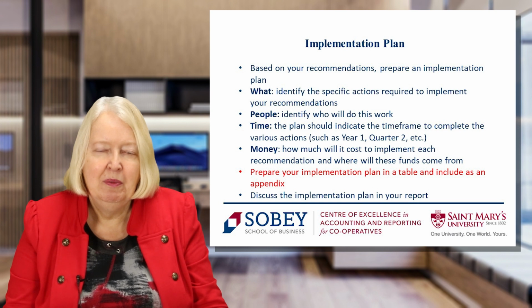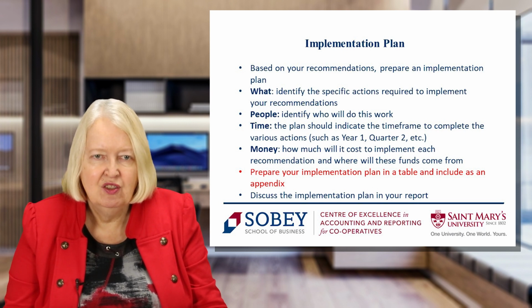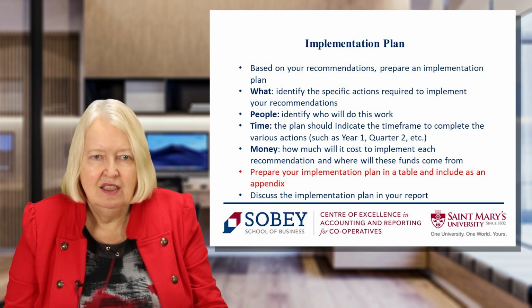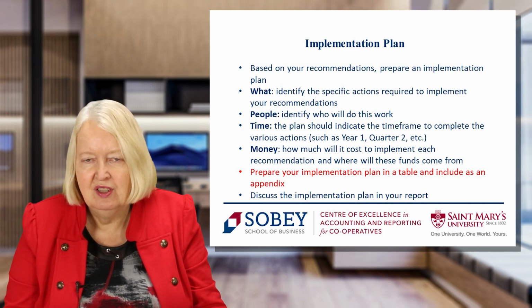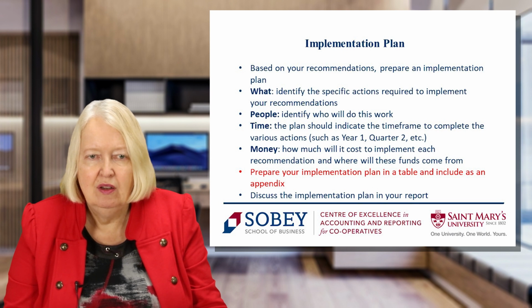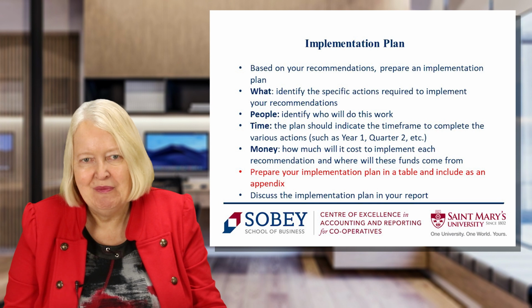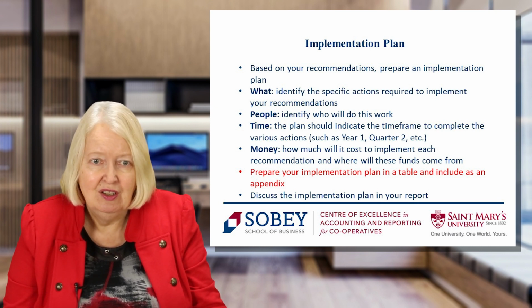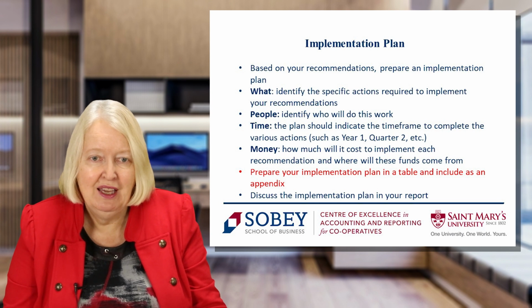So once you've come up with this plan and your forecast, you need to have an implementation plan. An implementation plan specifies what you're going to do, so what specific actions are needed to implement your recommendations, who's going to do this work. Oftentimes people will come up with great ideas, but if you're a very small organization, you have to take that into account, that you don't have a lot of people to do the work.